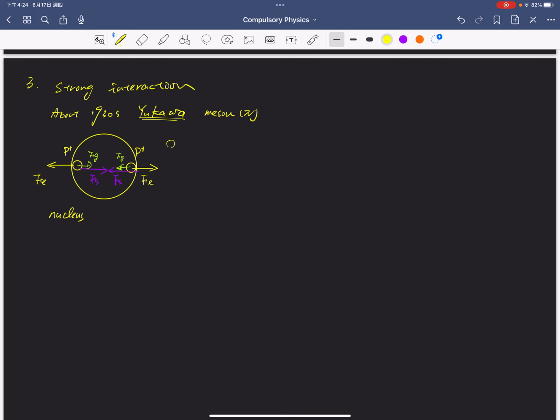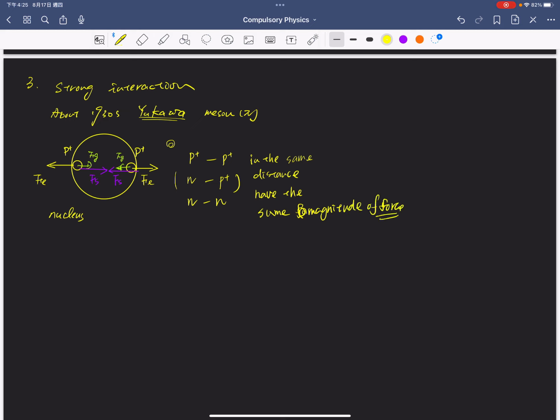First of all, two protons at the same distance will have the same strong force, and the neutron and the proton will have the same magnitude of force, and also a neutron and a neutron at the same distance will have the same magnitude of force.